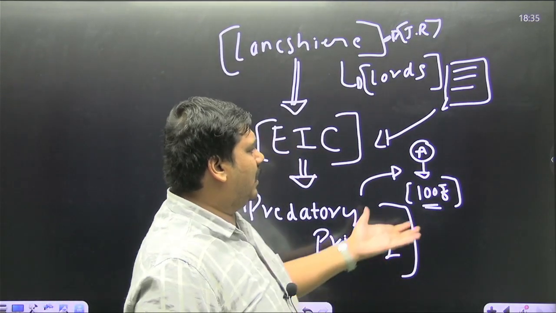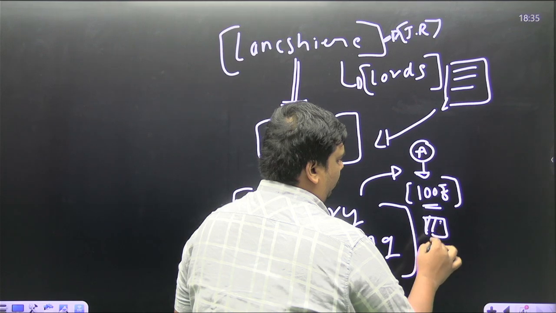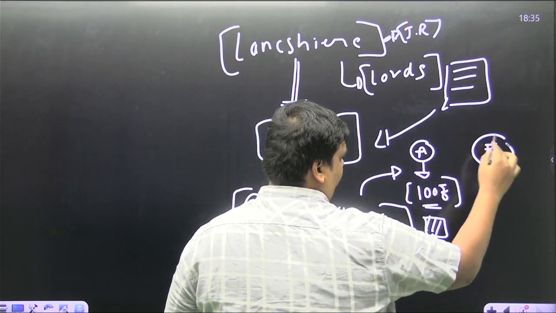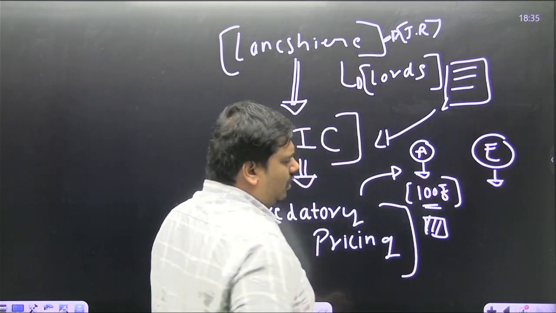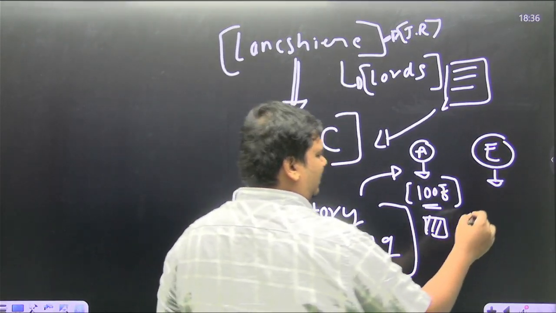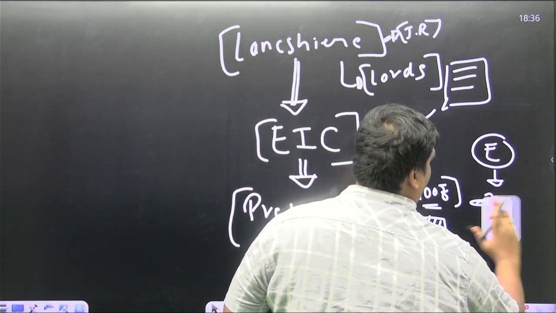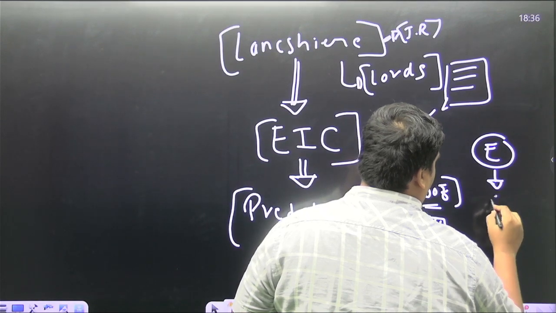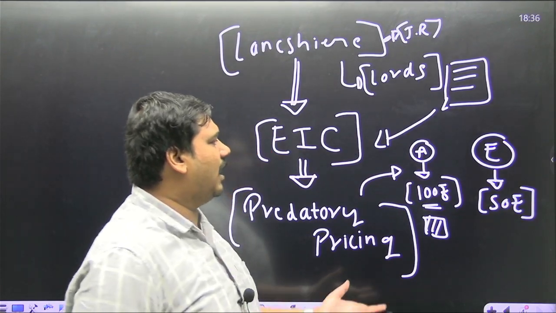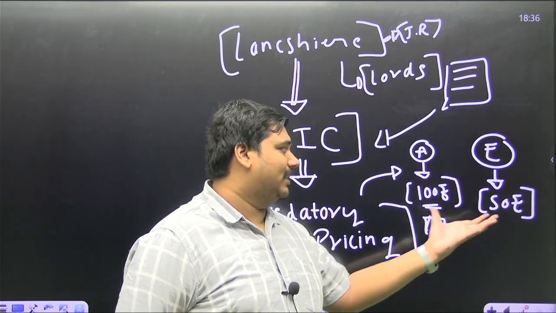So Indians sold, for example, a piece of cloth in India for 100 rupees. What the East India Company did was sell the same piece of cloth for, let's say not 20, 50 rupees, which is almost half of what Indian industrialists were selling.